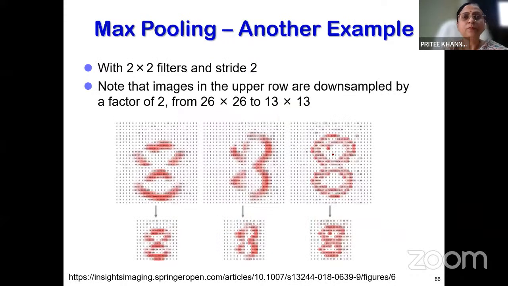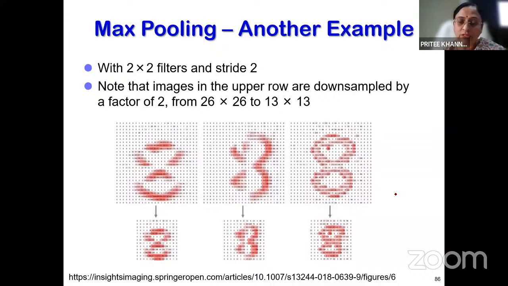Now when we go for max pooling, remember this is one example. Here these images are there, and again the 3 different images are being shown for this character 8, and this is the result of max pooling. Max pooling also performs as a noise suppressant.